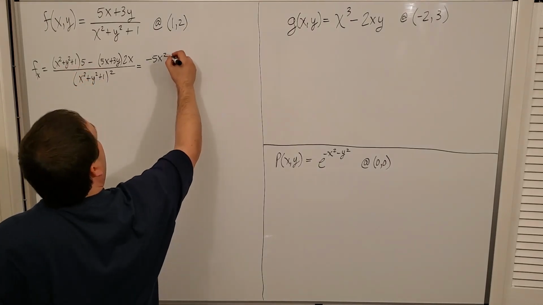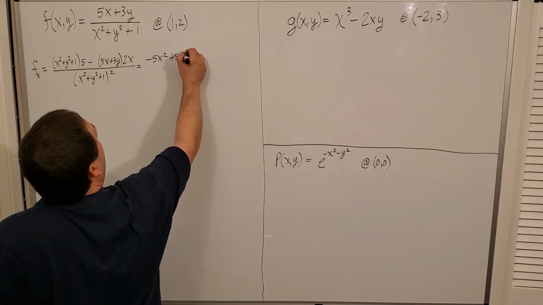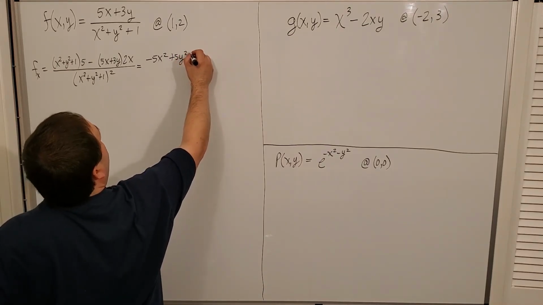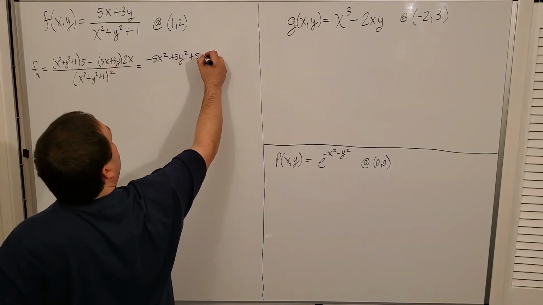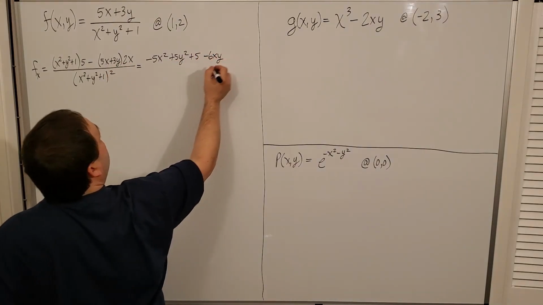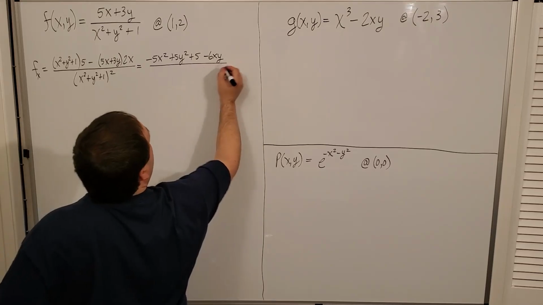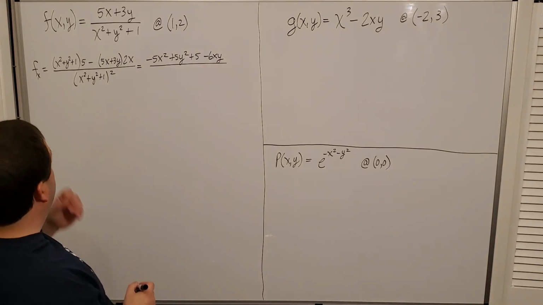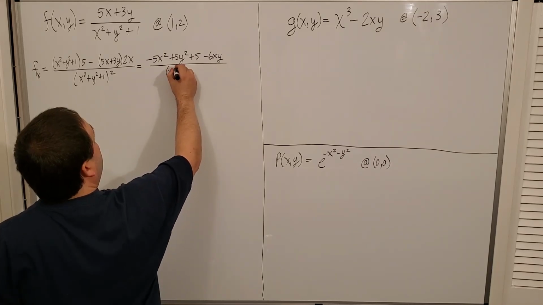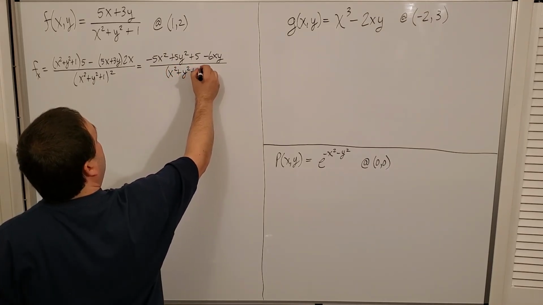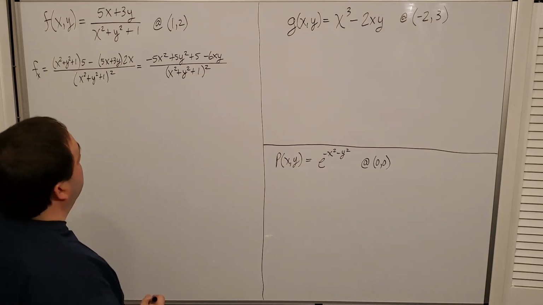So that's really all I've got. Plus 5y squared plus 5, and then minus 6xy. And then, of course, I'll leave the bottom alone. X squared plus y squared plus 1 squared.